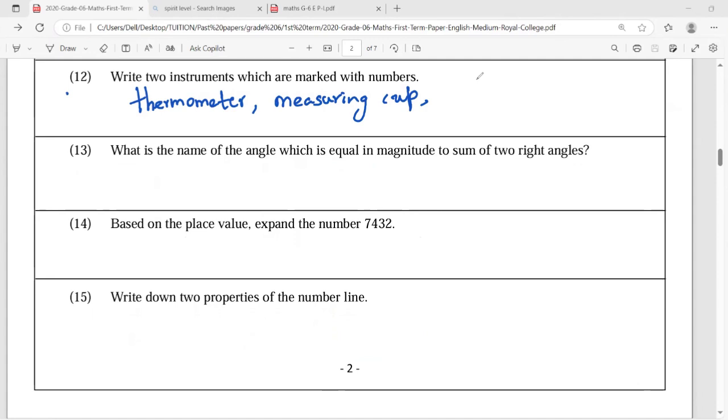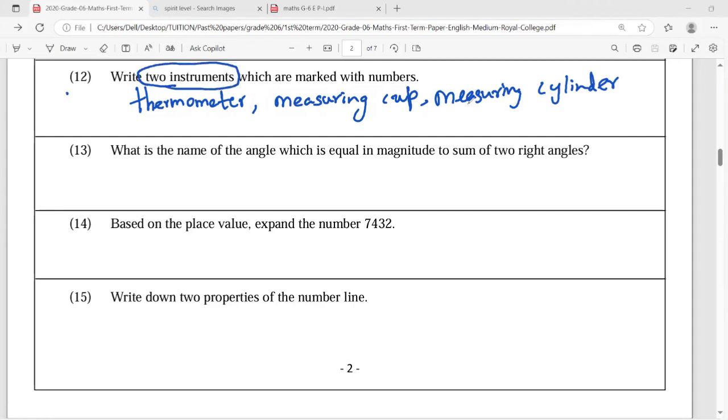And also you can take measuring cylinder. Measuring cylinder. So actually here you have to write only two instruments, right?